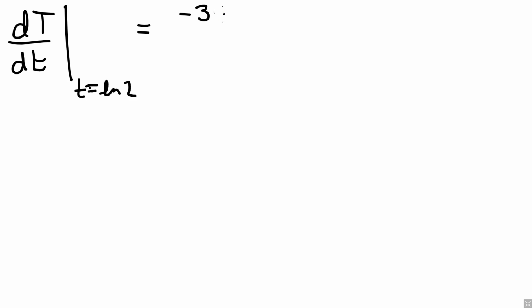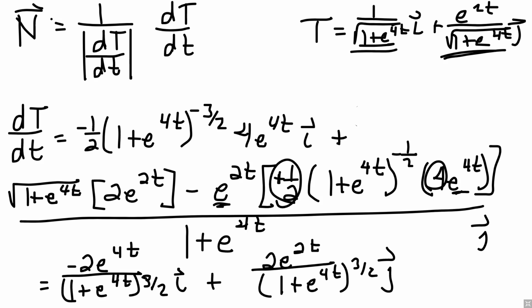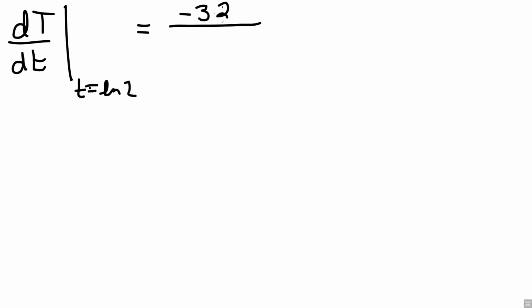It's going to give me -32 over, then for the denominator, when I put in the natural log of 2, this expression is going to end up being 17 to the 3/2 power. I'm going to leave it as 17 to the 3/2 power, and that's in the i direction.